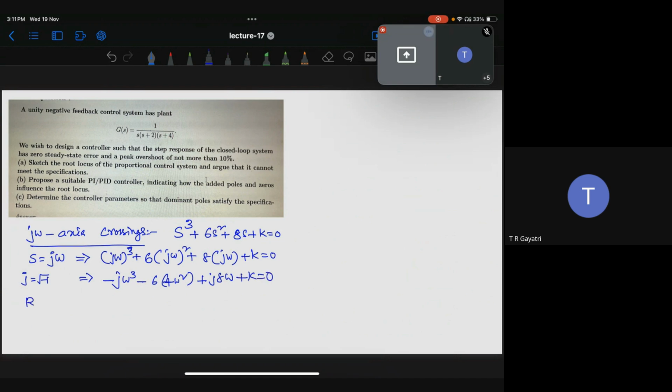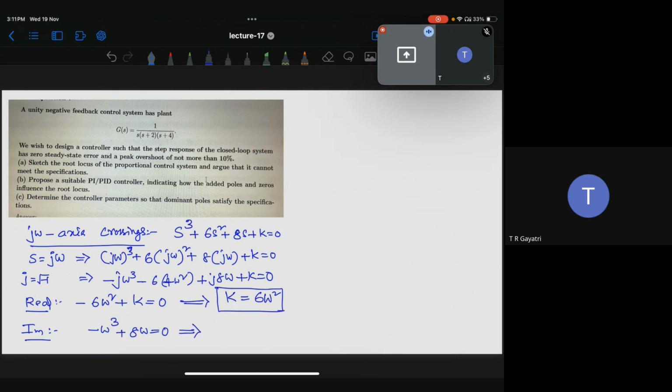Now considering the real part and imaginary part separately, the real part is minus 6 omega square plus k equal to 0. The imaginary part is minus omega cube plus 8 omega equal to 0. From this we can write k equal to 6 omega square.